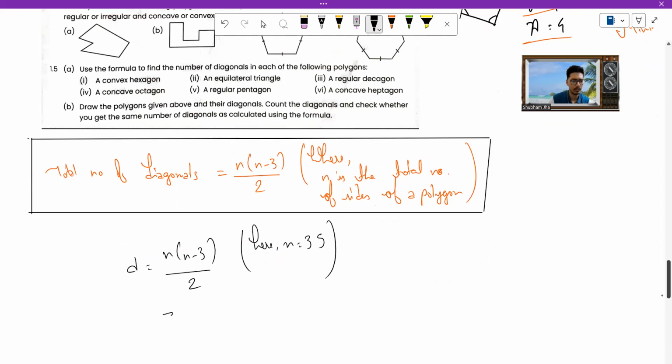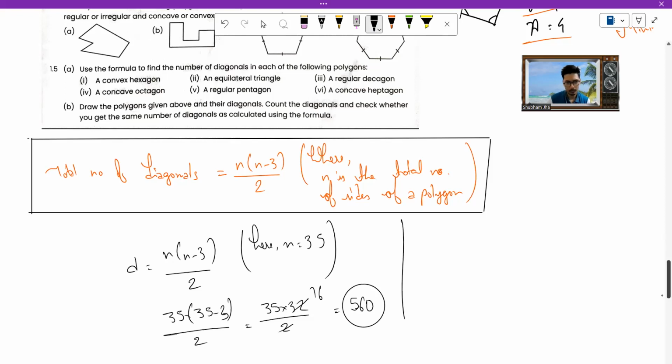So I'll apply the formula: 35 into 35 minus 3, which is 32. So 35 into 32 upon 2. 16 into 35 is 480 plus 80, so it will be 560. This will be the total number of diagonals in this polygon. What about the second question?